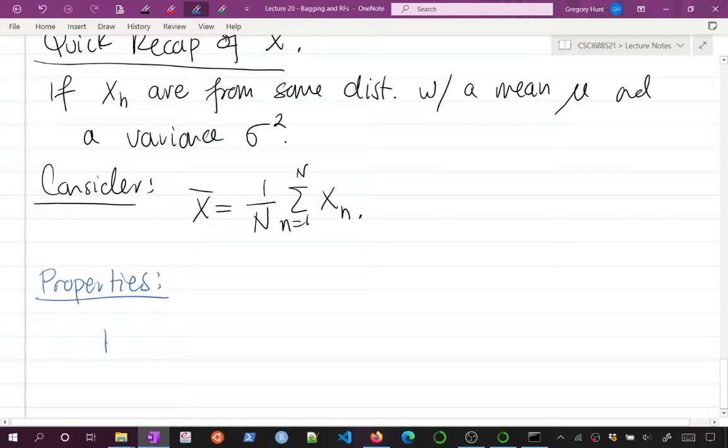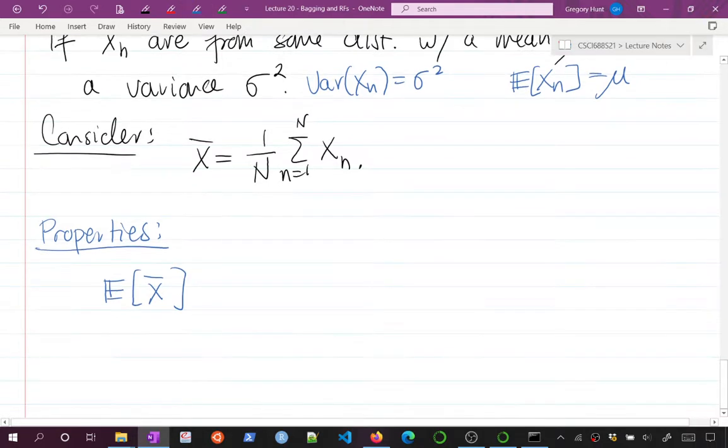One of them is that if I look at the expected value of x bar, here we know that the expected value of any of my individual samples, x sub n, is mu, by definition, we said the mean is mu. And we know that the variance of any of my x sub n's is sigma squared, by definition.